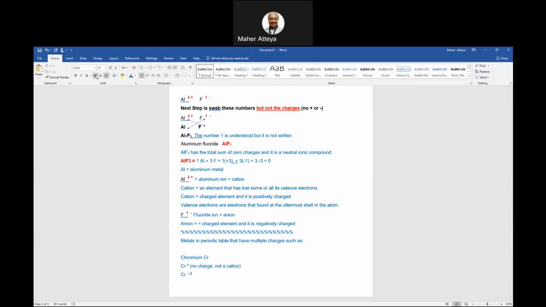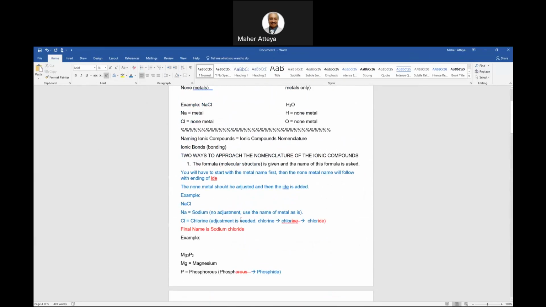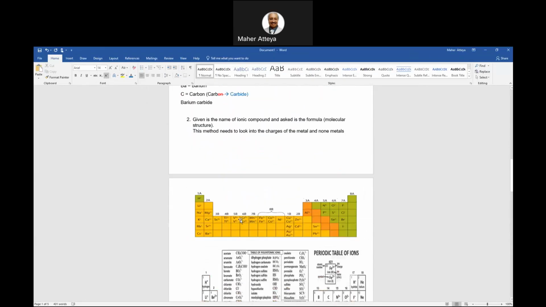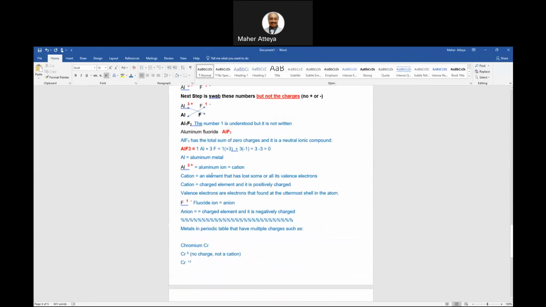Again, all the metals are positively charged. Make sure that you understand this. Maybe I'll put it at the top somewhere, where we discussed the ions.